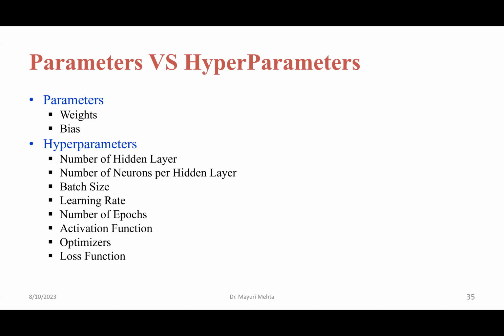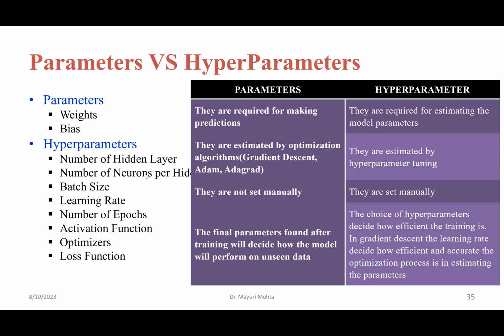So see, I am repeating, these parameters are estimated from the given data, as well as we can also use hyperparameters to estimate these parameters. So these two are different, like these are parameters and these are hyperparameters. Let me tell you the differences between these two. The differences are that, as we have just discussed, these hyperparameters are required for estimating the model parameters.